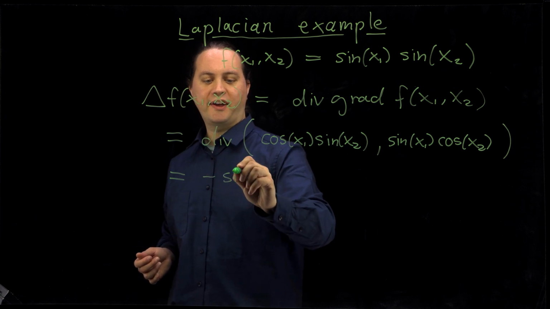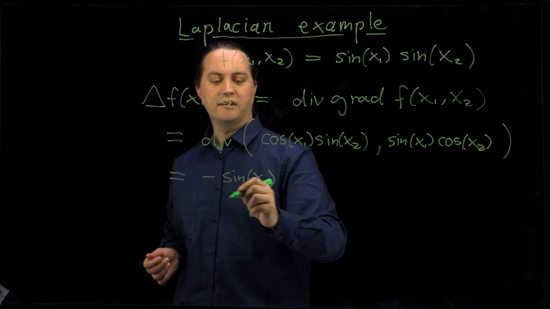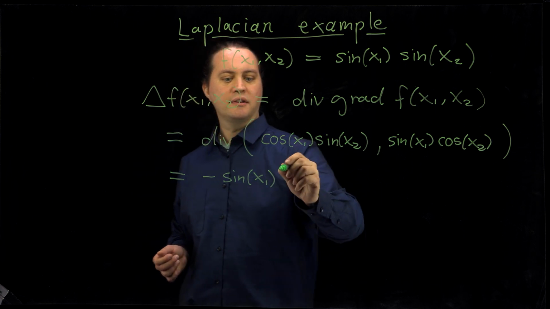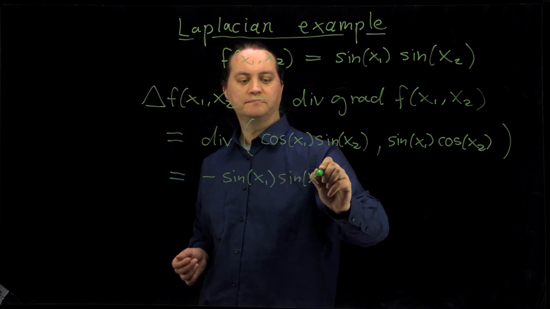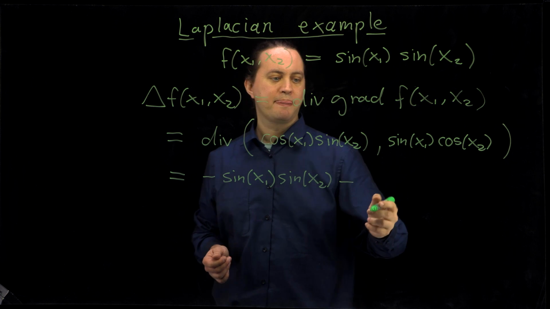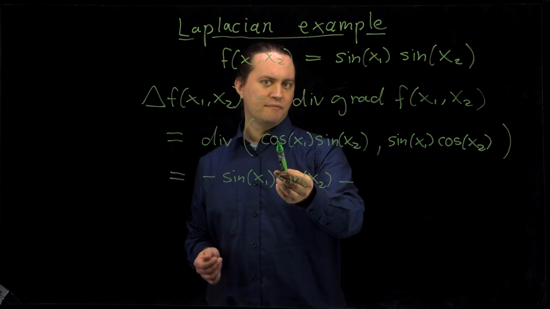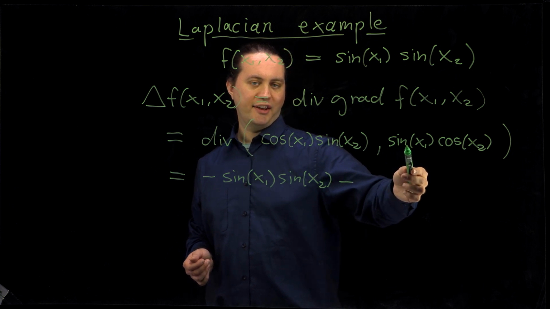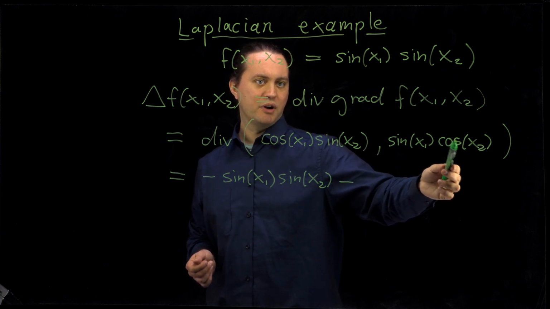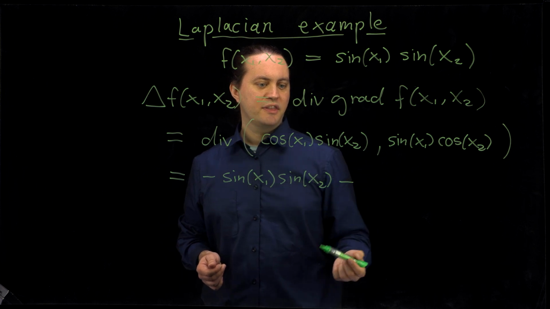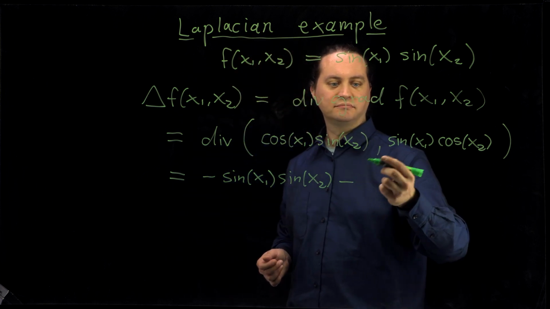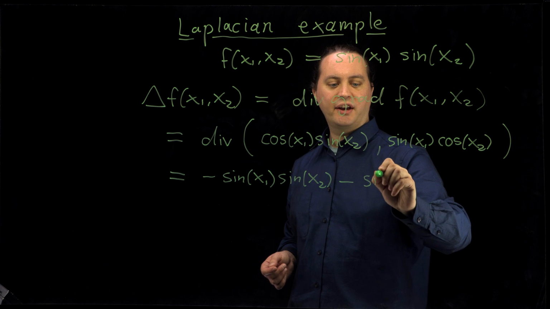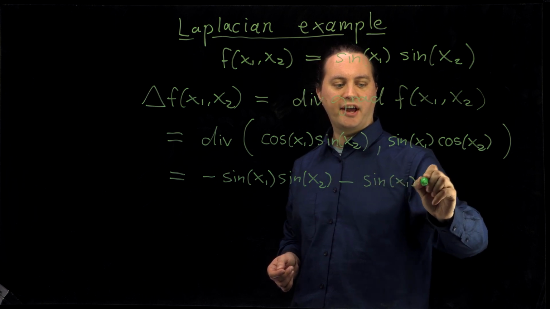Once more, we get negative sine of x1 times sine of x2. This has been the derivative in the x1 direction of the first component. Now we take the derivative in the x2 direction of the second component. And then we add negative sine of x1 times sine of x2.